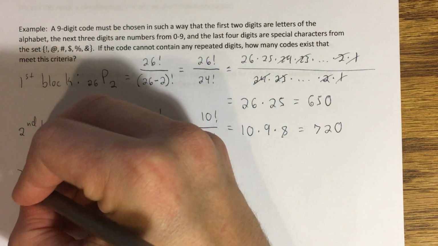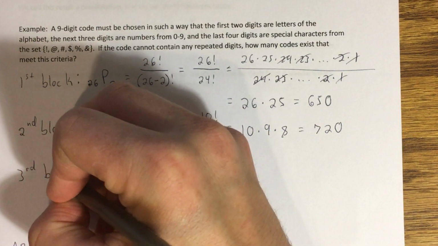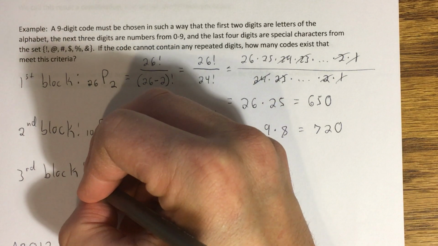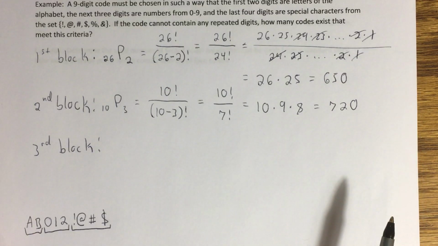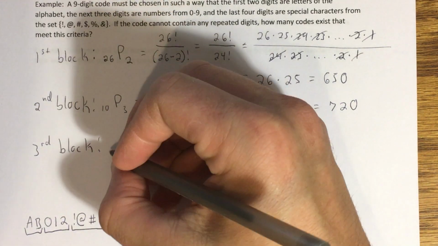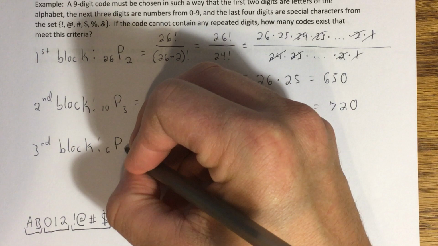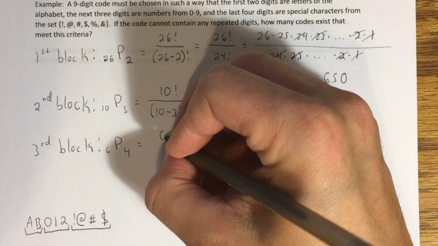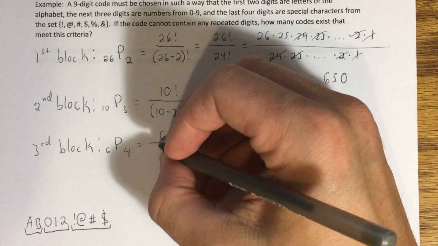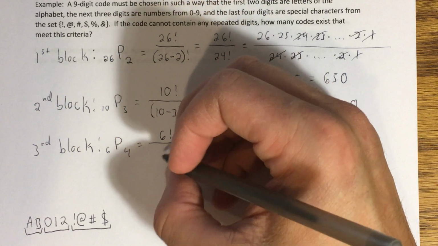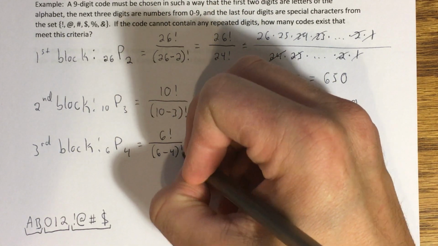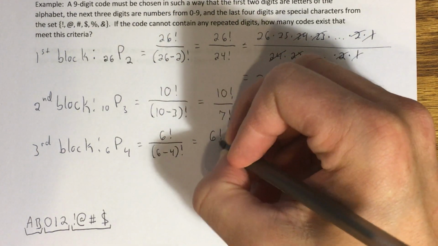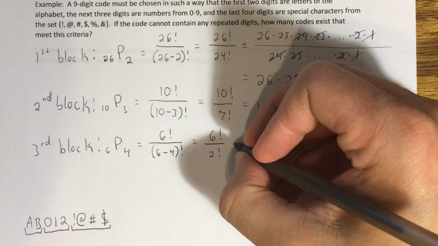Okay? And now for my third block. What's my permutation look like this time? Well, we're choosing special characters from this set, and I want to choose 4 of them in a sequence. So that's 6 here, 4 here. This is equal to 6 factorial over 6 minus 4 factorial, or 6 factorial over 2 factorial.